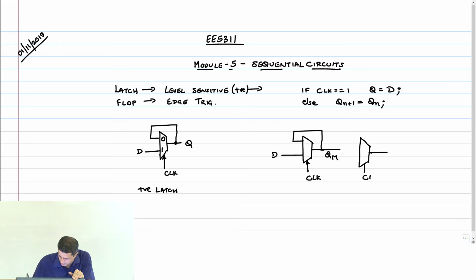Clock, clock. We have to fill the 1 and 0 here correctly for the mux. This is Q. Okay, this is a flop, and I want it to be a positive edge triggered flop.